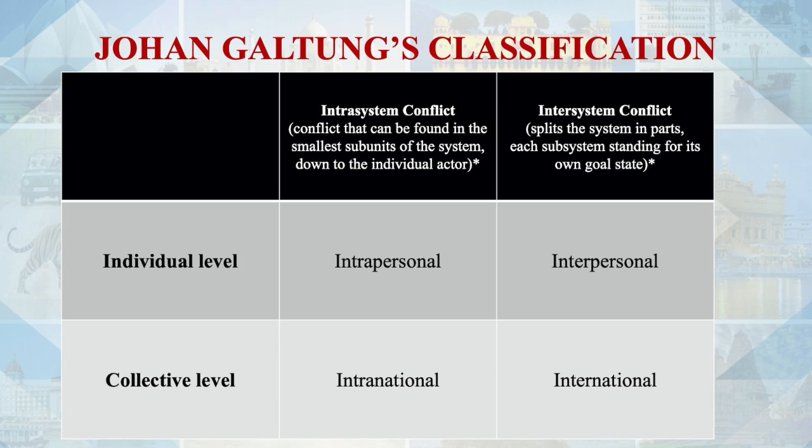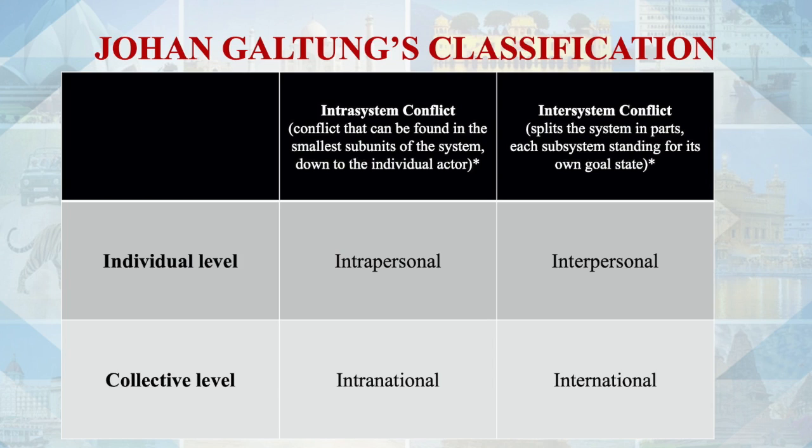What is intra-system conflict? Conflict that can be found in the smallest subunit of the system, within the inside of the system. And inter-system conflict is that which splits the system into parts, each standing for its own goal. So there is a conflict between two subsystems of a whole system.